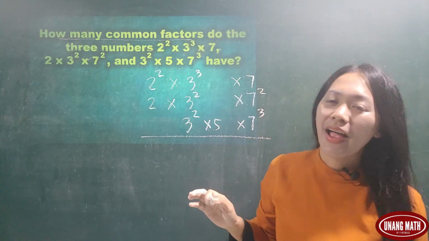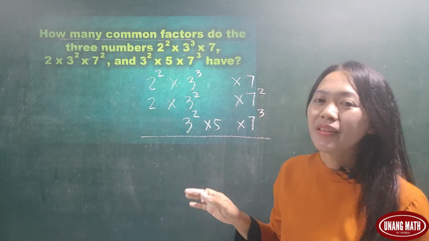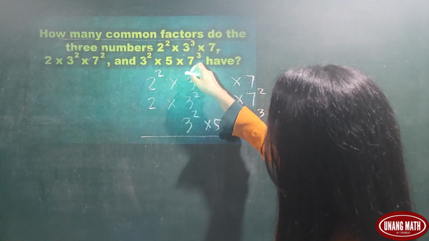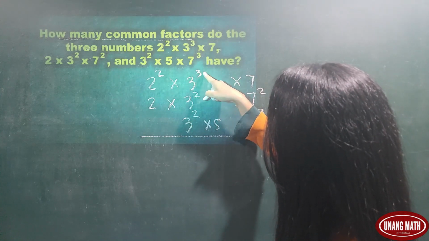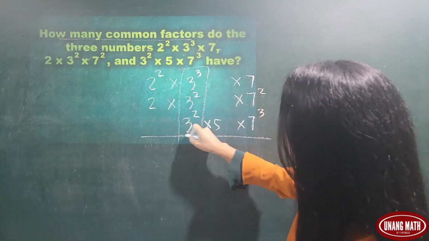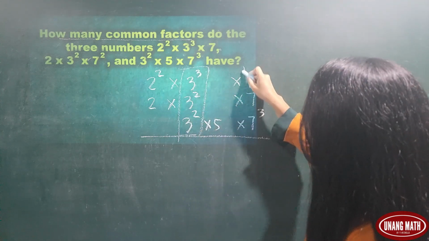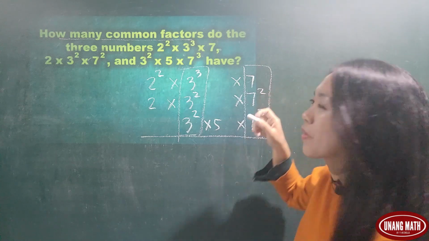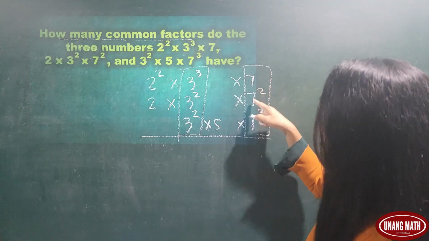Okay, we need to find these numbers' greatest common factor. So 3 raised to the power of 3, 3 squared, and 3 squared are the numbers that have the same base. 7 squared and 7 raised to the power of 3 are also numbers that have the same base.